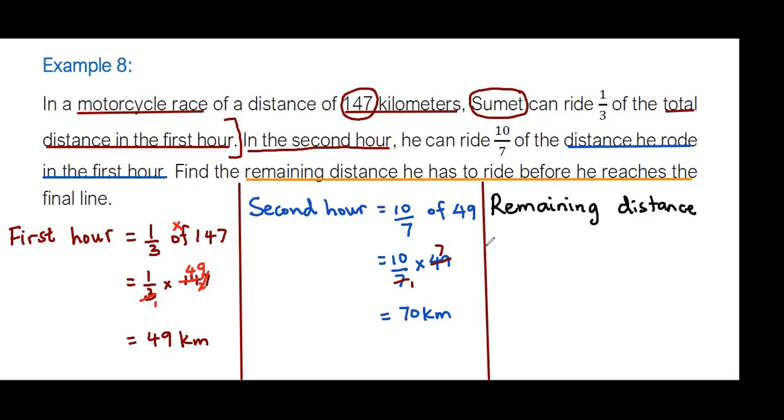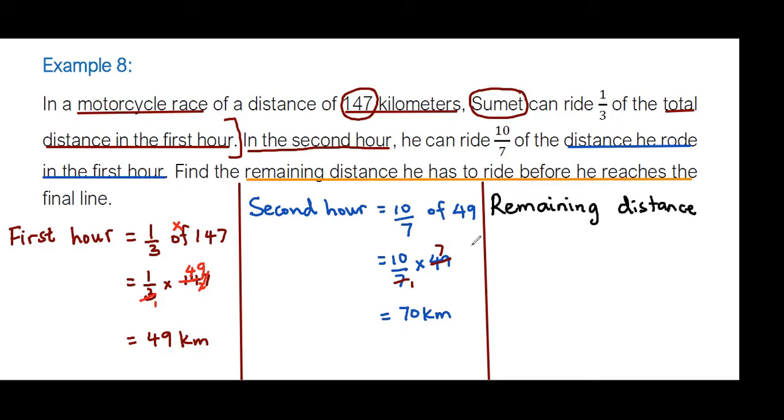Remaining means that, for example, if I have 1,000 baht, I buy a dress for 600 baht, how much money am I remaining with? It means that I remain with 400 baht.